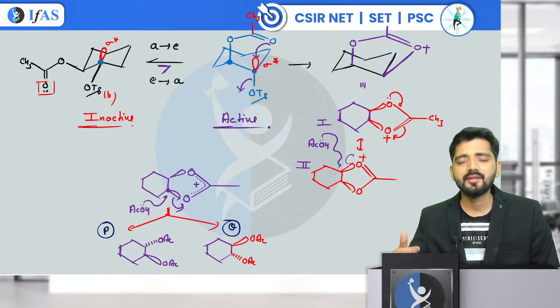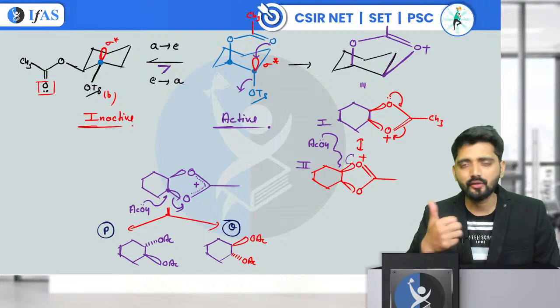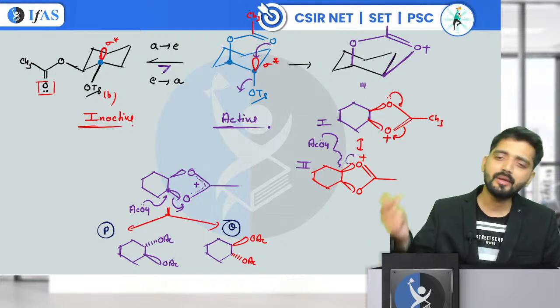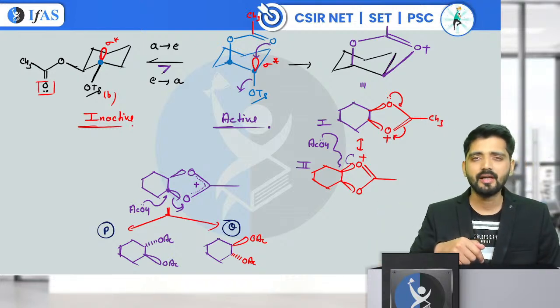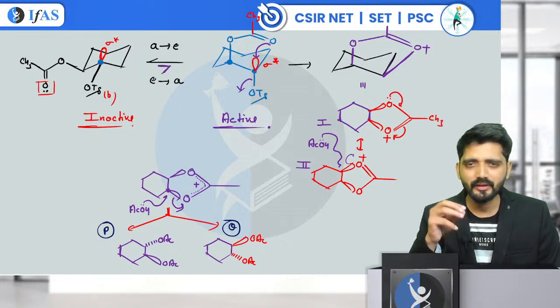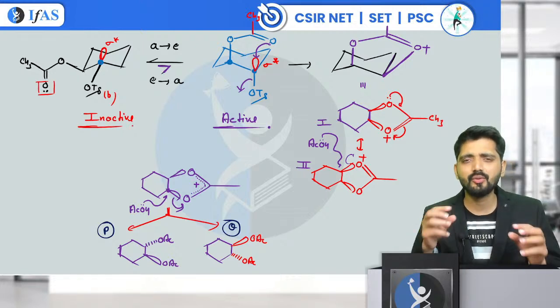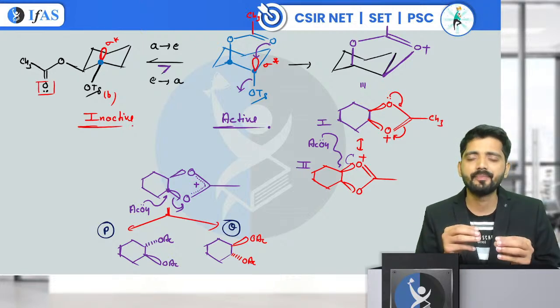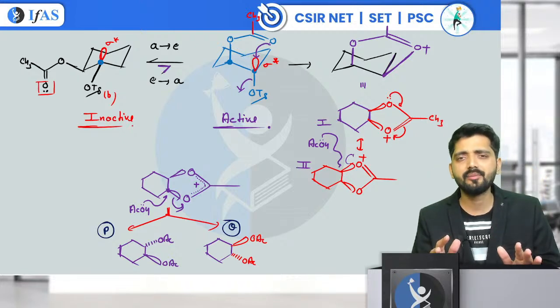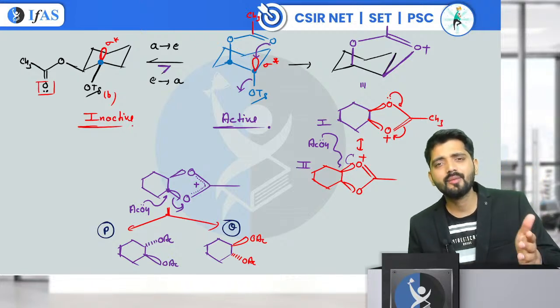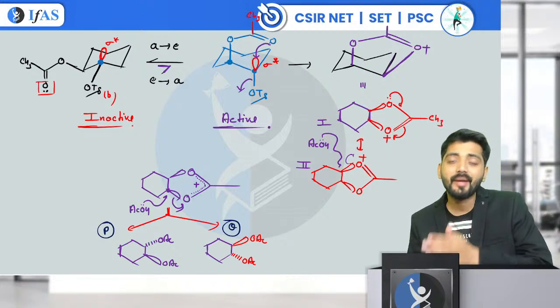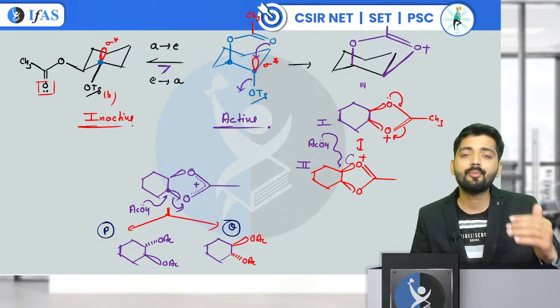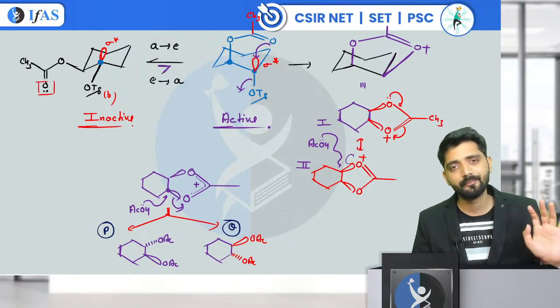In the further cases, I will be drawing a conclusion also, and I will be coming back to this example and I will show you that you need not form the products and you need not compare the relationship. By just looking at the intermediate, you can tell whether the products are going to be a pair of enantiomers or whether the products are going to be identical.